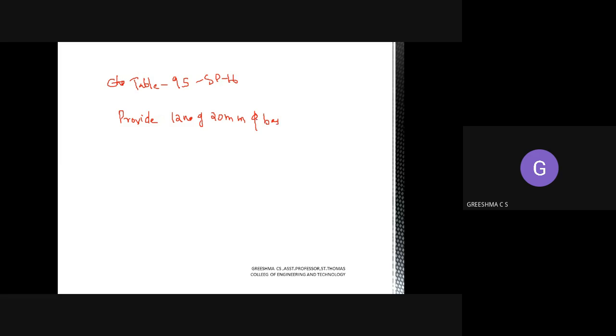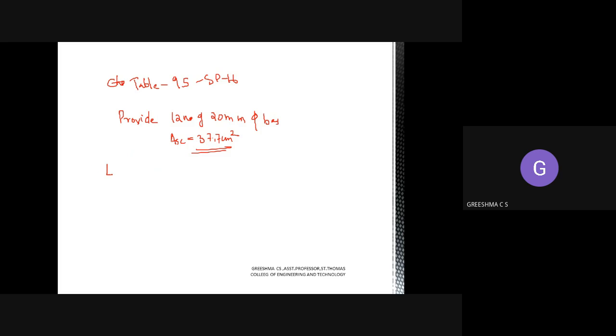The area will be something like 37.7 centimeter square, which is okay.